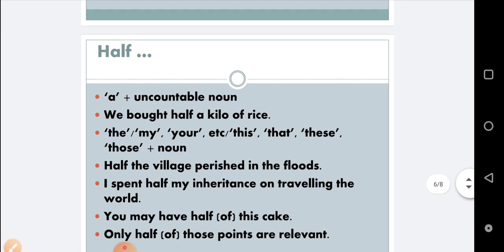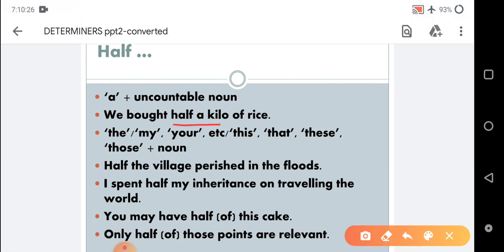Next we have half. Half is followed by indefinite article a plus uncountable noun. For example, we bought half a kilo of rice. Half is also used with definite article when we want to be particular about something.